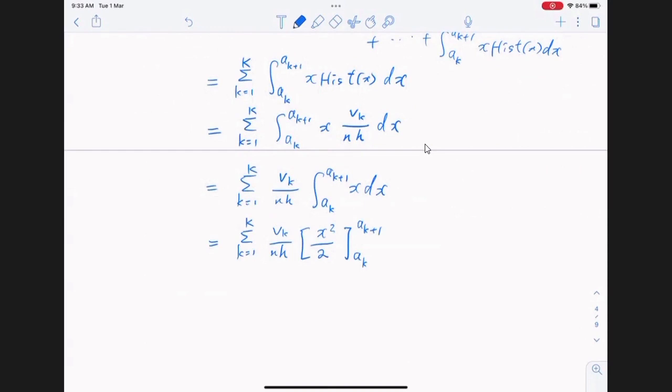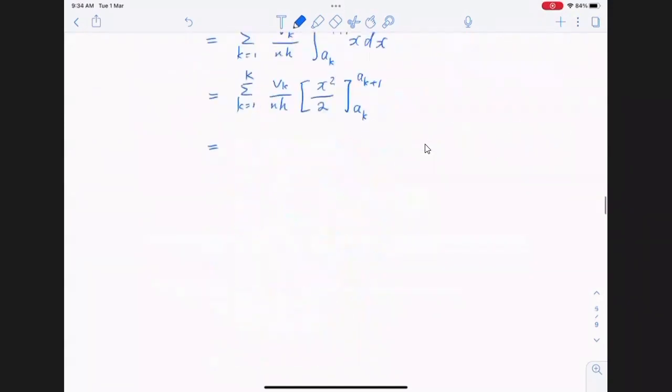So this quantity will be equal to putting ak plus 1 into this, ak into this, and taking the difference. So this is the mean, the population mean if we use this density histogram as a probability density function.